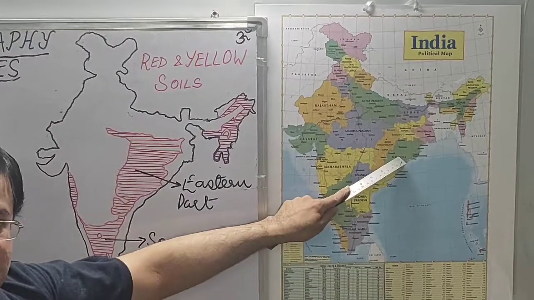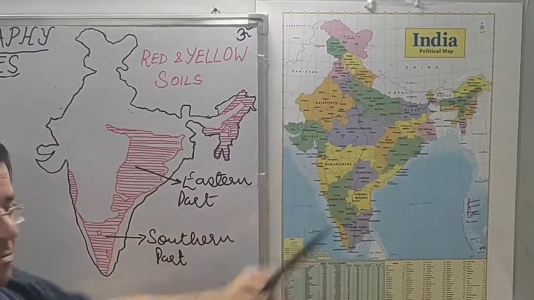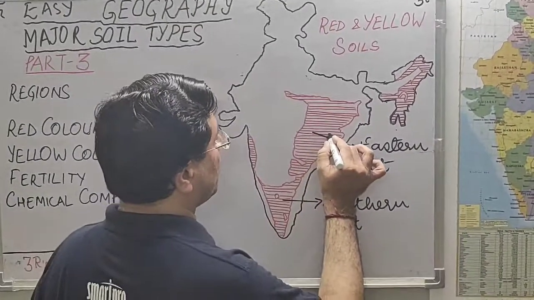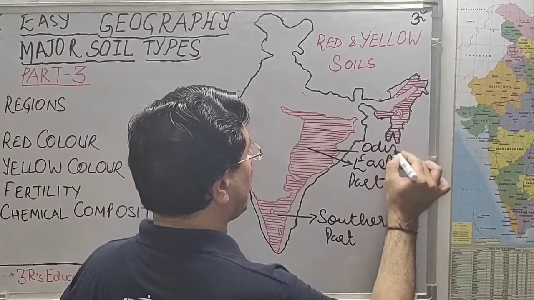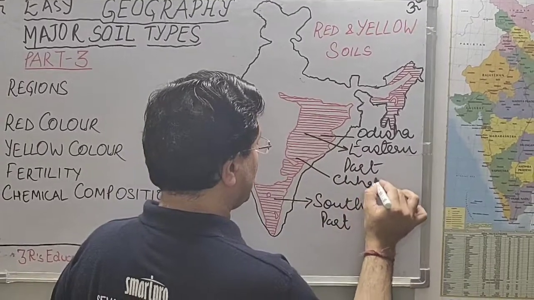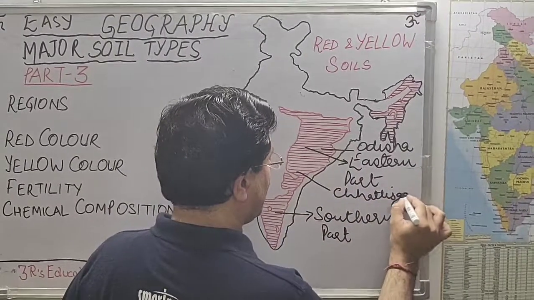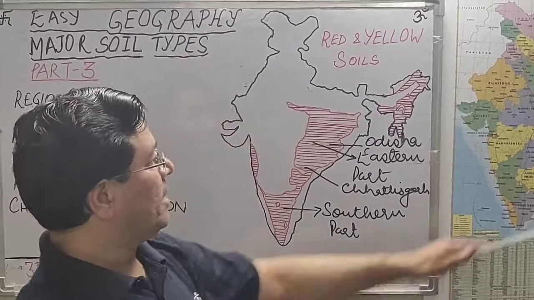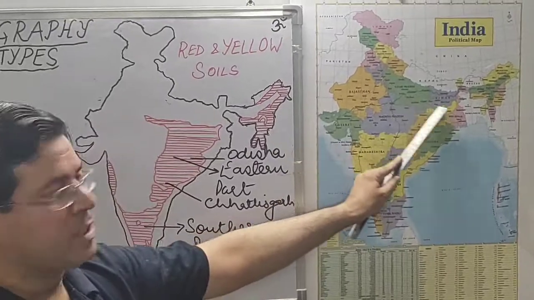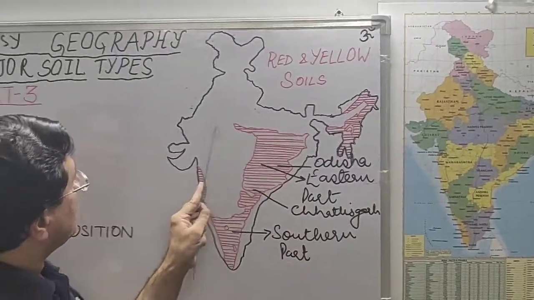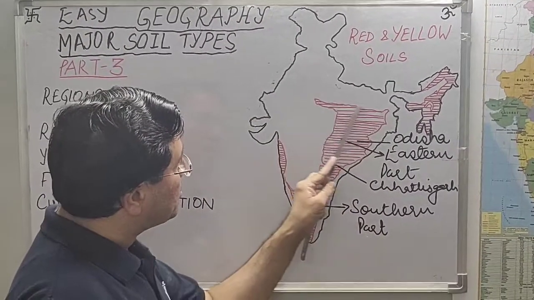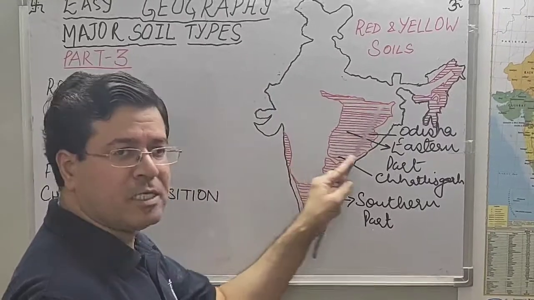Look at the map of India again. This is Orissa state, this is Chhattisgarh, so it is also found in parts of Orissa and parts of Chhattisgarh. Now look at this map again. We know that in this region the Ganga and its tributaries are flowing, and in the southern part of the Ganga plains this red and yellow soil is found.